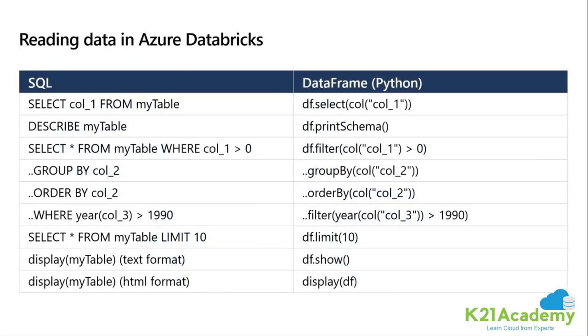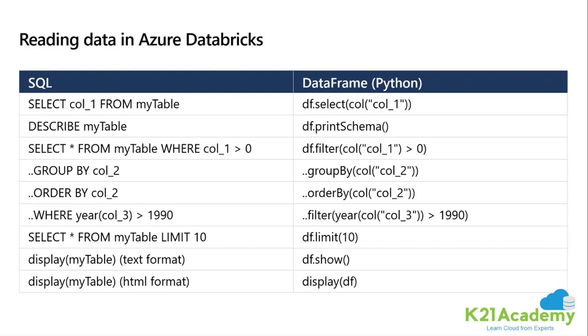Now, when we read data into Databricks, some of the syntax in SQL and Python is over here. Select column 1 from my table is equal to dataframe dot select column 1. Describe my table is equal to dataframe dot printSchema. Select star from my table where column is greater than 0 is equal to df dot filter column 1 greater than 0.